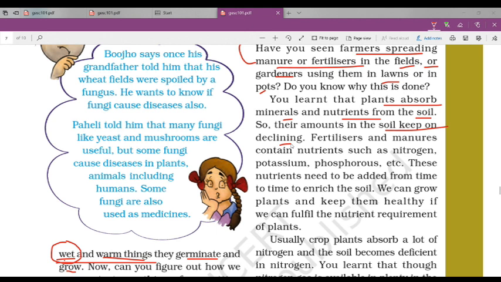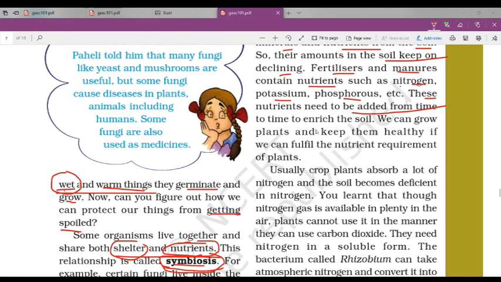Fertilizers and manures contain nutrients such as nitrogen, potassium and phosphorus. These are the important nutrients which are used by the plants for various purposes and for preparing their food. So these nutrients need to be added from time to time to enrich the soil.